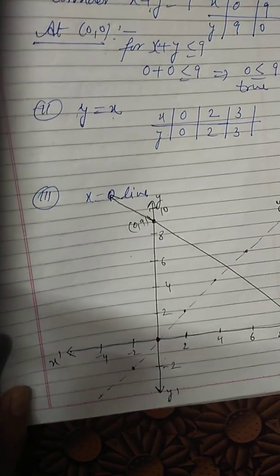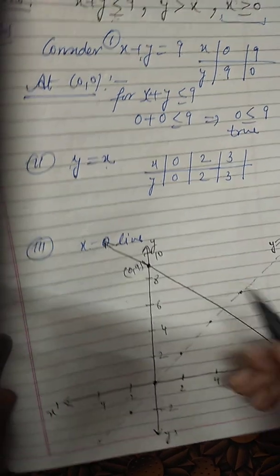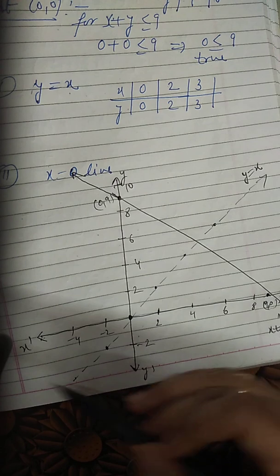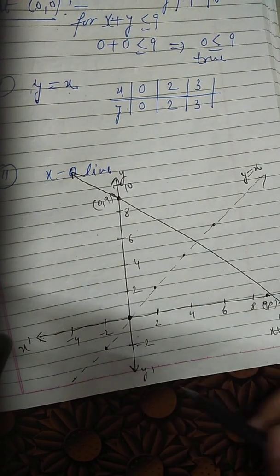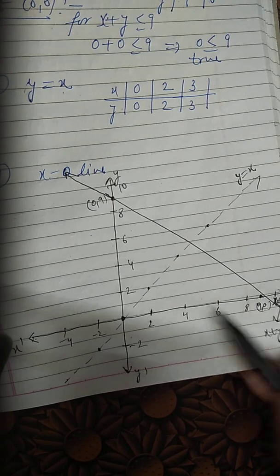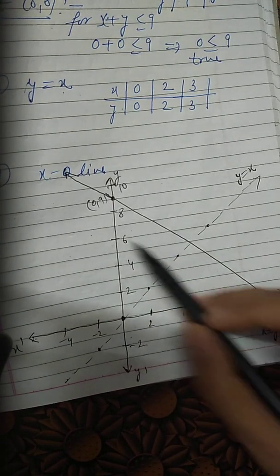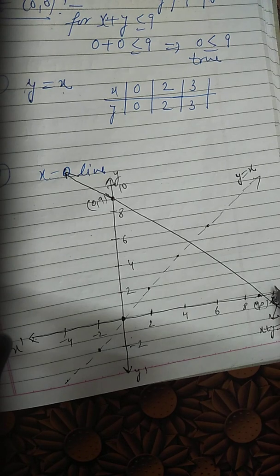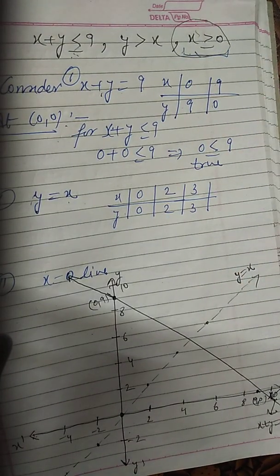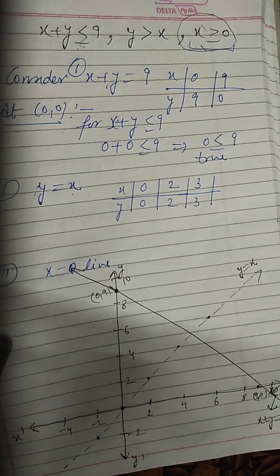Okay. Now third thing. Third is x greater than or equal to 0. Now in our Cartesian system, which quadrant has all the values of x greater than or equal to 0? So the solution region will lie in the first quadrant. Remember, whenever I have x greater than or equal to 0, our solution region will lie in the first quadrant only.